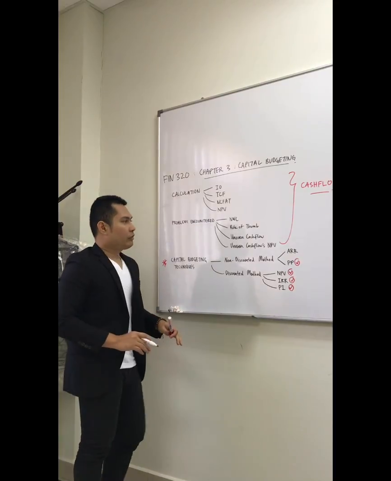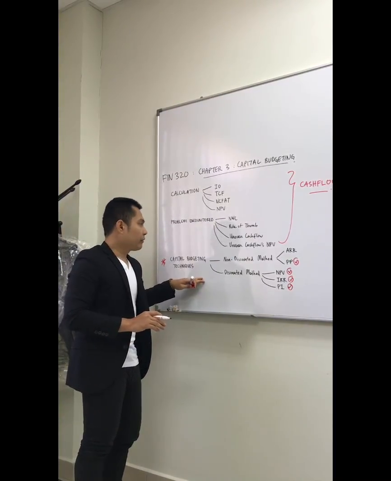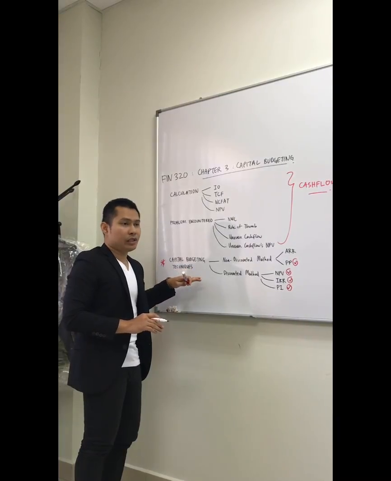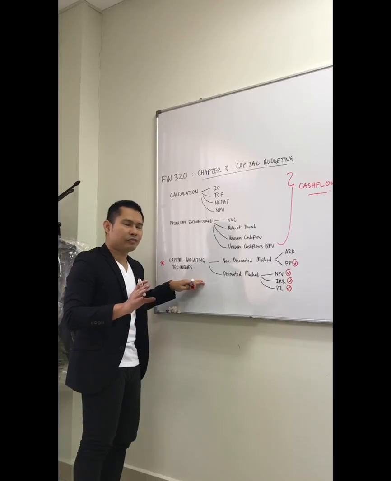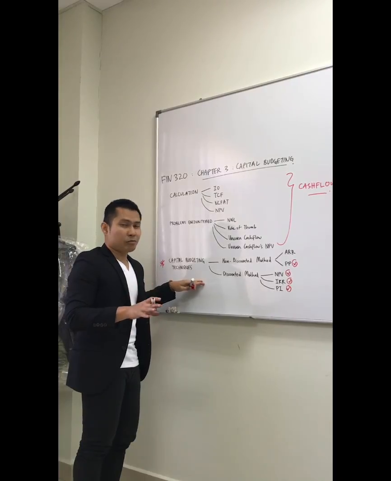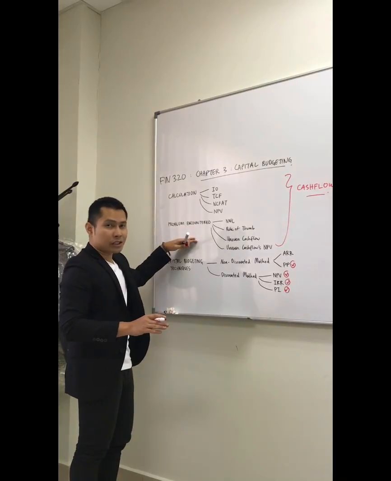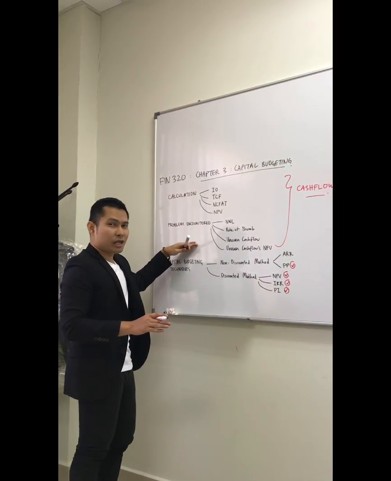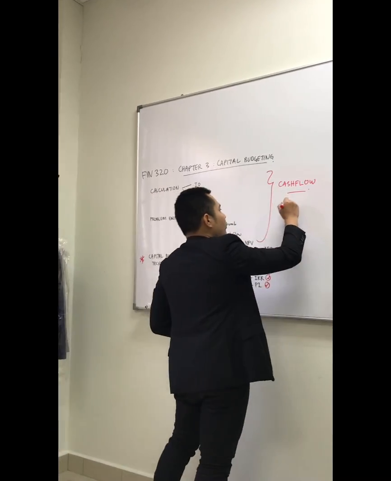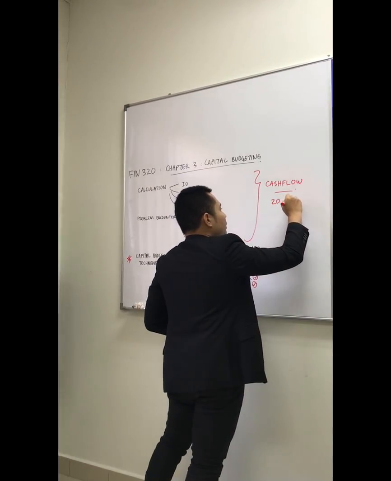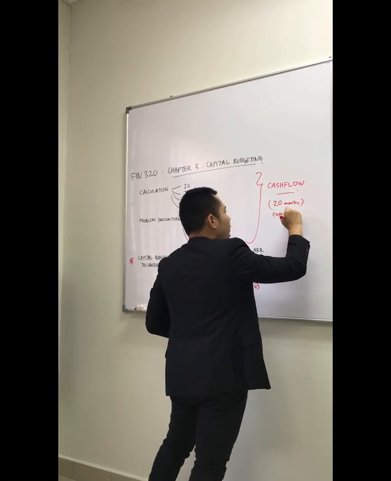Even though this part is rarely asked in the final exam, if it is asked, it will amount to only around 5 marks, the most is 10. Unlike this cash flow part, which is compulsory, 20 marks, and comes out every semester.